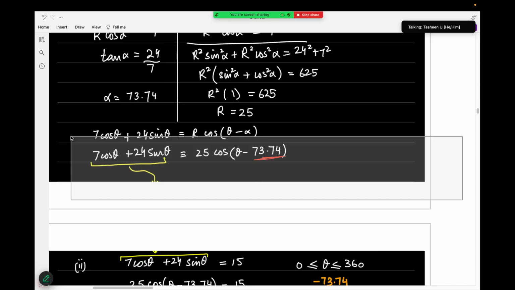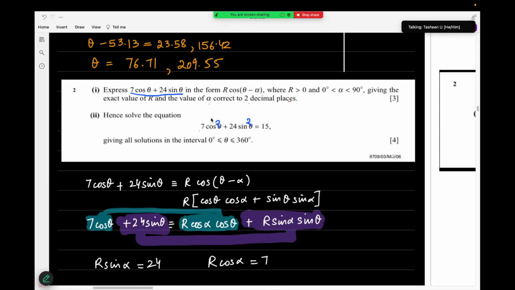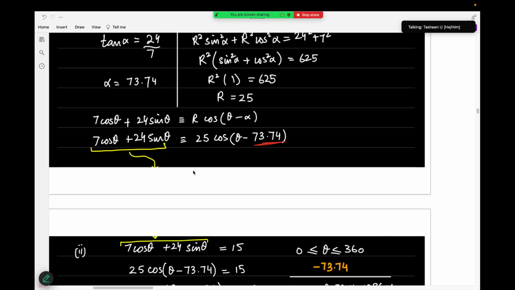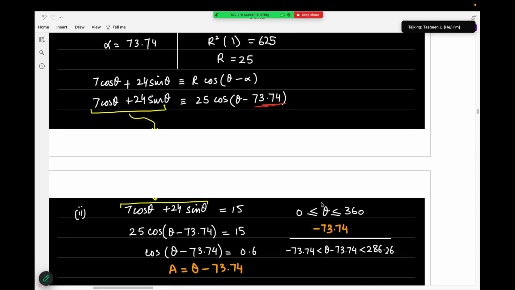You understand? Okay, for the second part they have asked, hence solve this thing. Now I have already written this thing as this thing. So solve this thing means you replace this thing with this equals 15. Now first, permission to inverse?